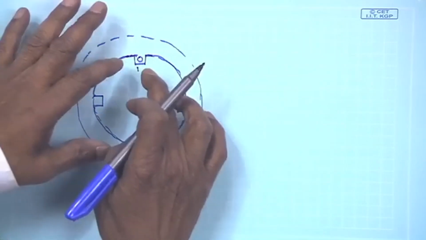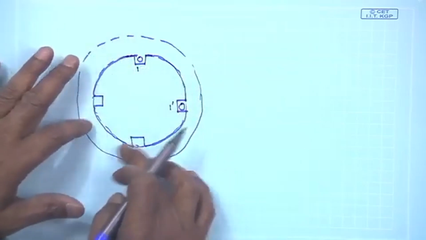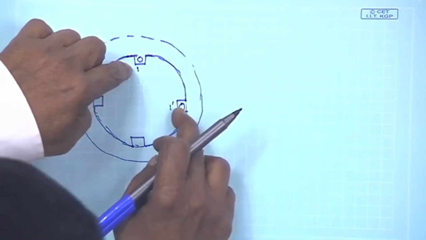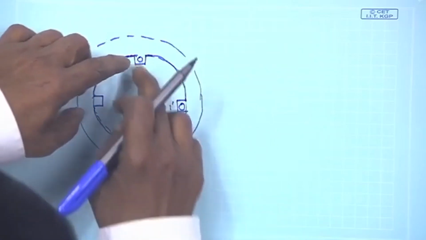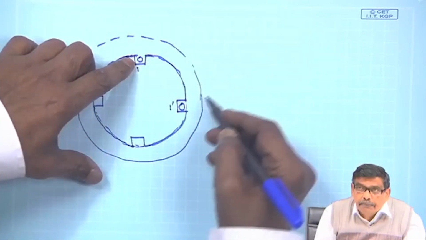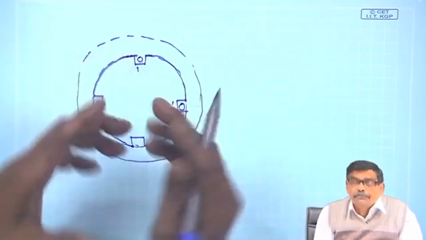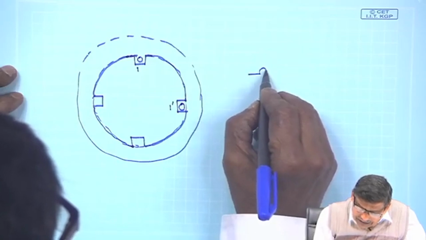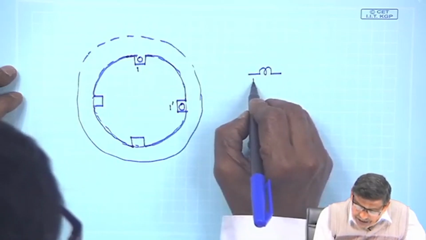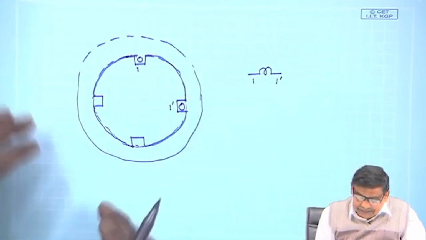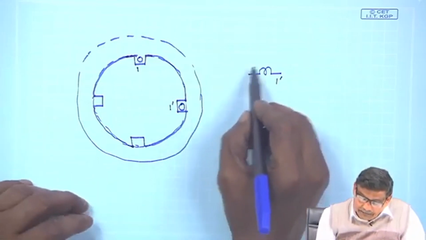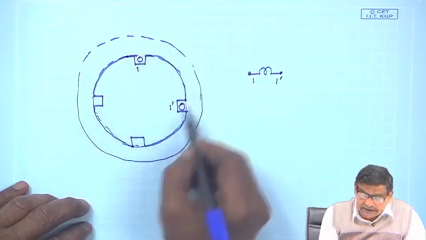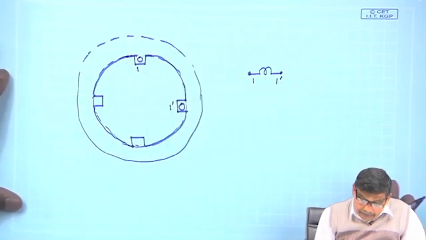Suppose you have 4 slots 90° apart, this is one, this is one dashed, and they are joined at the back. So, it gives you a coil, and this symbolically, for the first time, I will draw like this. Okay, you have a coil whose two terminals are 1 and 1 dashed, distinct.